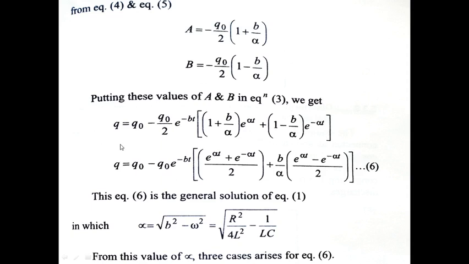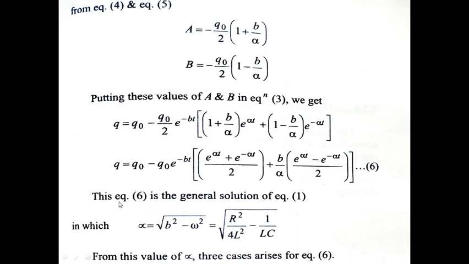Now if this 1 by 2 which is outside the bracket is introduced inside the bracket and bracket is solved, then we get Q is equal to Q0 minus Q0 e raised to the power minus Bt into exponent of alpha t plus exponent of minus alpha t by 2. B by alpha can be taken common from second and fourth term. So plus B by alpha in bracket e raised to the power alpha t minus e raised to the power minus alpha t by 2. That is our equation 6.